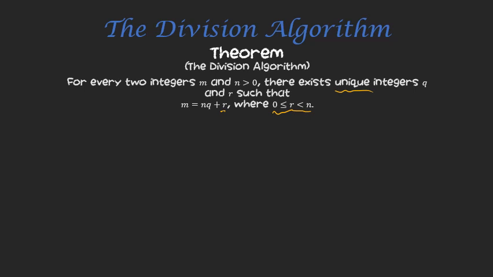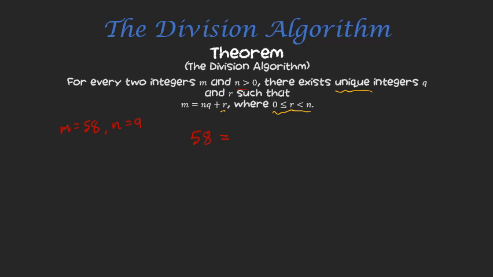So if m is 58, let's do m equals 58, and n equals 9, well, then we can write, it doesn't matter what 2 integers I give you so long as n is positive. I can write 58 is, okay, how many groups of 9? Well, I know what 9 times 6 is, 54.